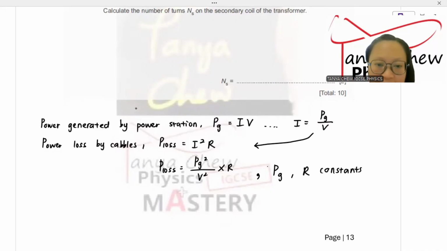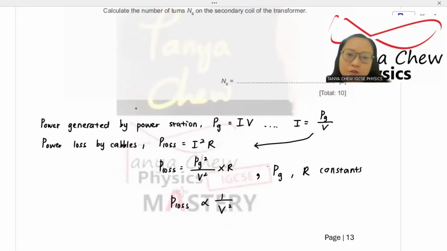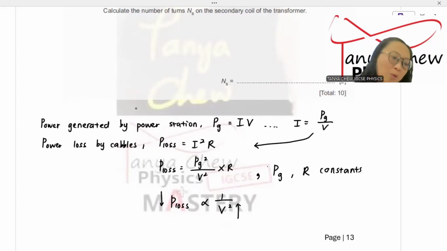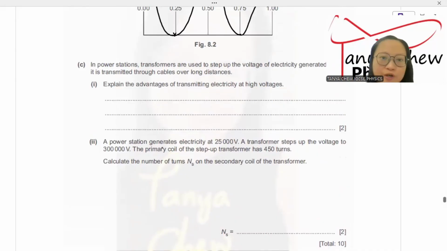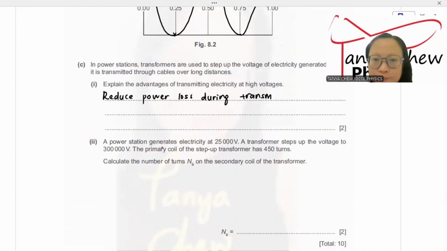Therefore, you can say that the power loss is inversely proportional to voltage squared. So when you step up to the higher voltage, you can actually minimize the power loss. So I would say that an advantage of high voltages is to reduce power loss during transmission.